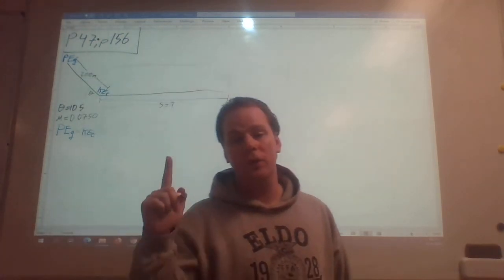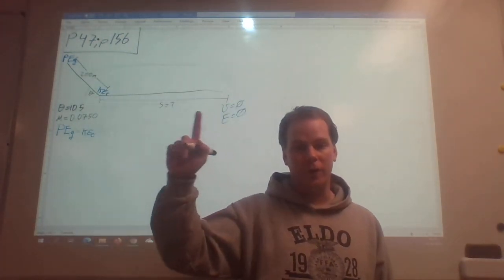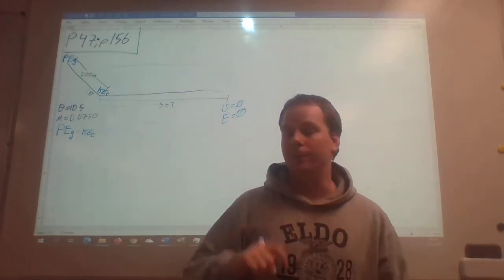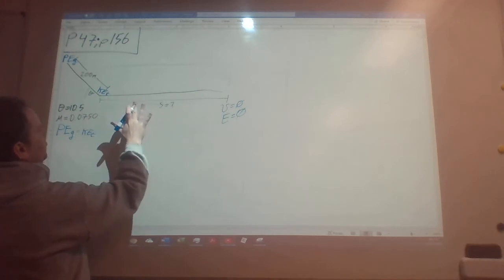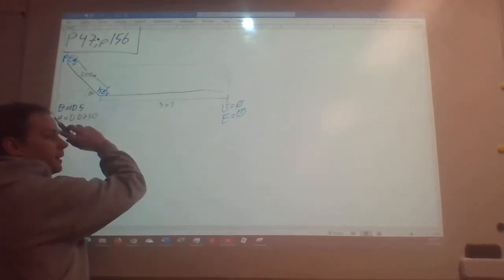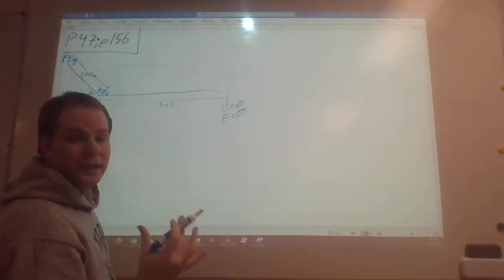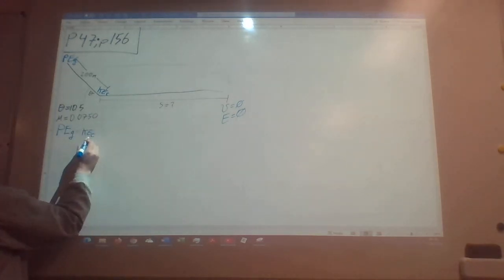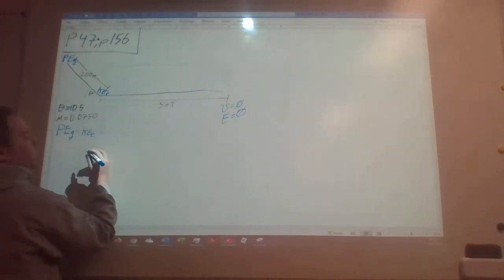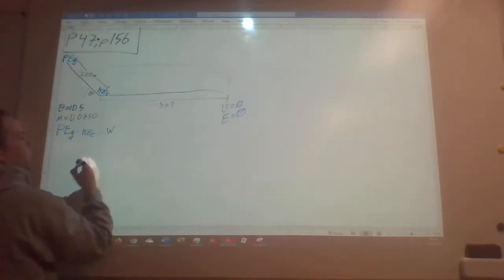So we can use the work energy theorem for this portion of this problem. So here, the only energy we have at the beginning of this, much like the chair example, is kinetic energy. So the kinetic energy, KET, has to be equal to the work.